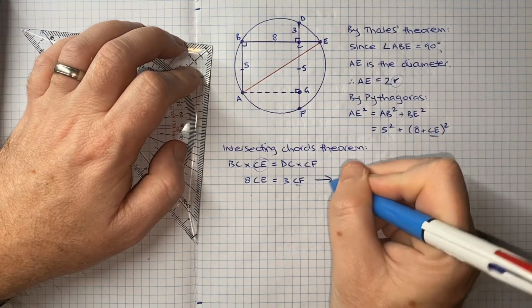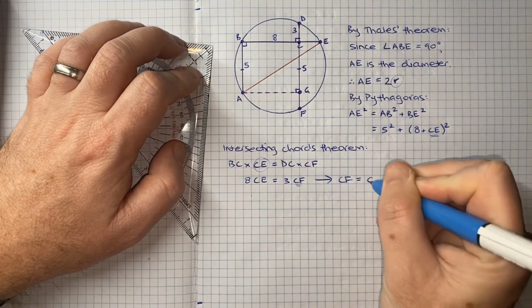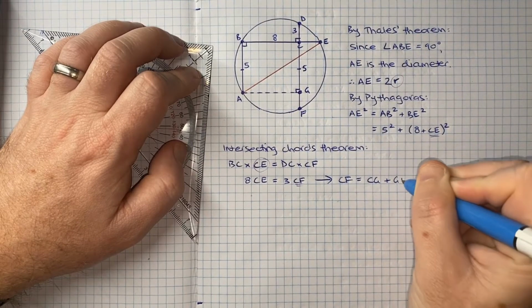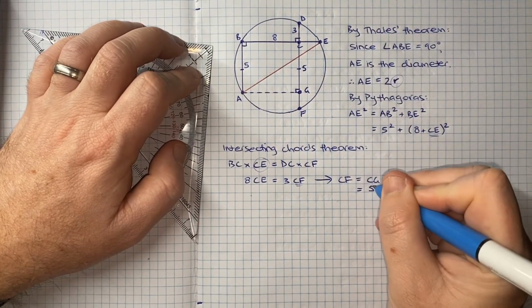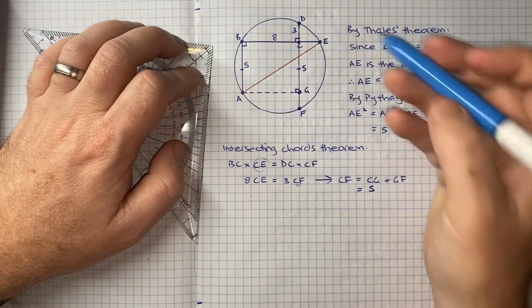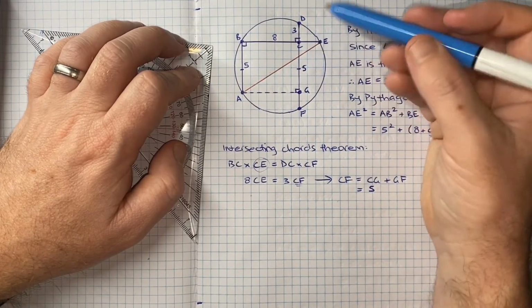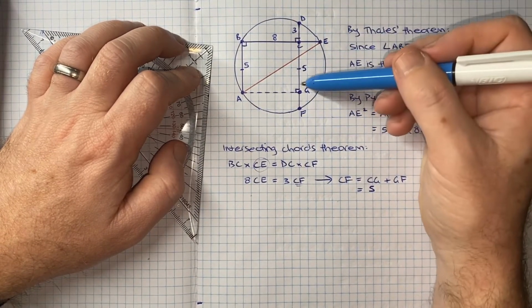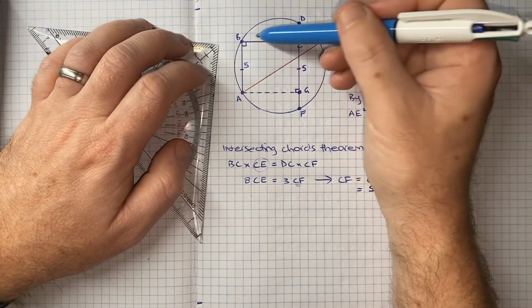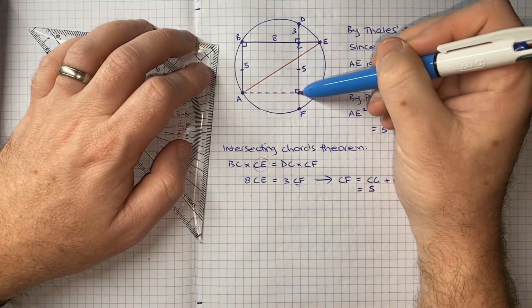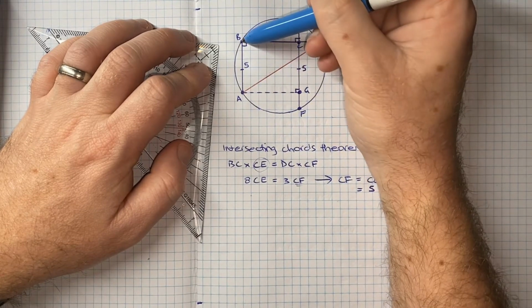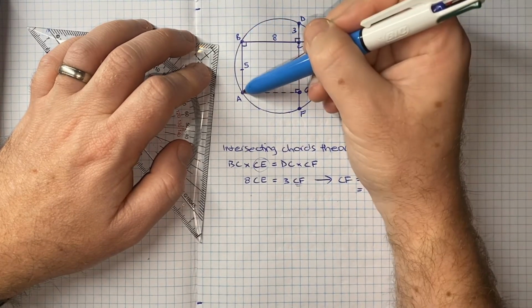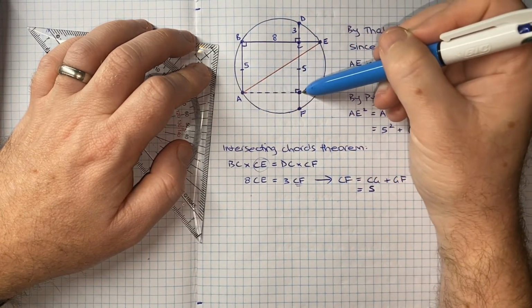So basically we're saying CF is equal to CG plus GF. And CG we can say is 5 without too much trouble. And essentially we're using the symmetry of the circle to say these 2 points, C and G, are essentially the points B and A just moved across to the right.